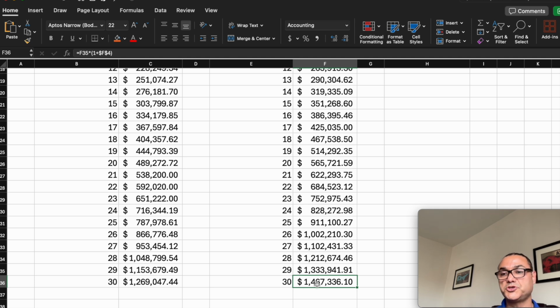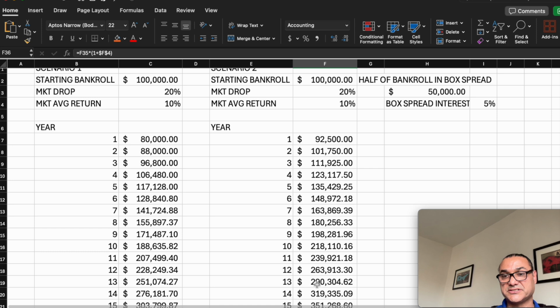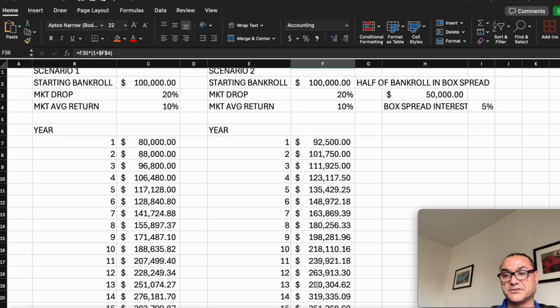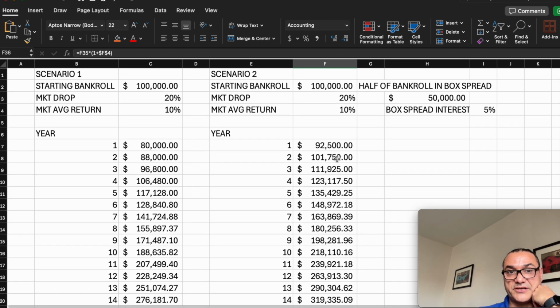So almost 200,000 more in scenario 2, and the only difference was a result of this box spread, or this 5% earn on half of the portfolio. In scenario 1, this guy went all in, and in scenario 2, a more conservative route was taken for year 1. The subsequent years were exactly the same in both scenarios.